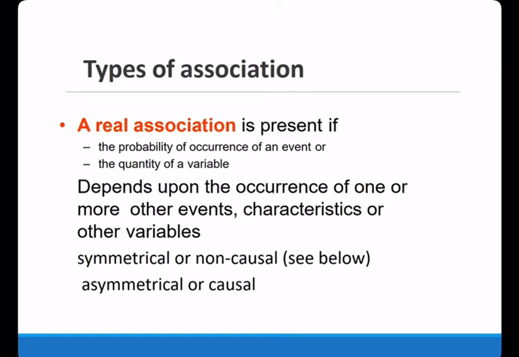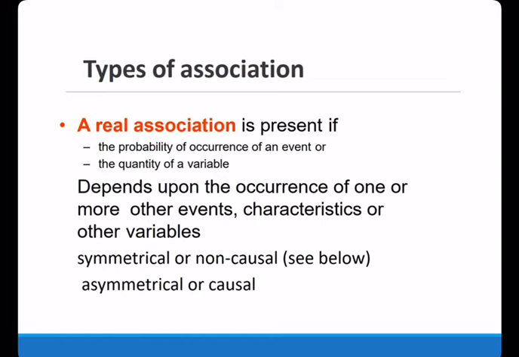An association is present if the probability of the occurrence of an event or characteristic, or the quantity of a variable, depends upon the occurrence of one or more other events, the presence of one or more other characteristics, or the quantity of one or more other variables. The association between two variables is described as positive when higher values of a variable are associated with bigger values of another variable.